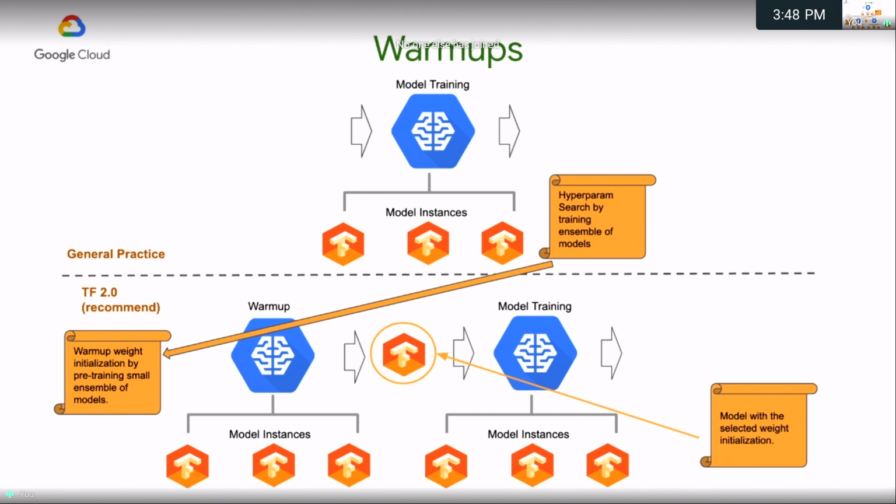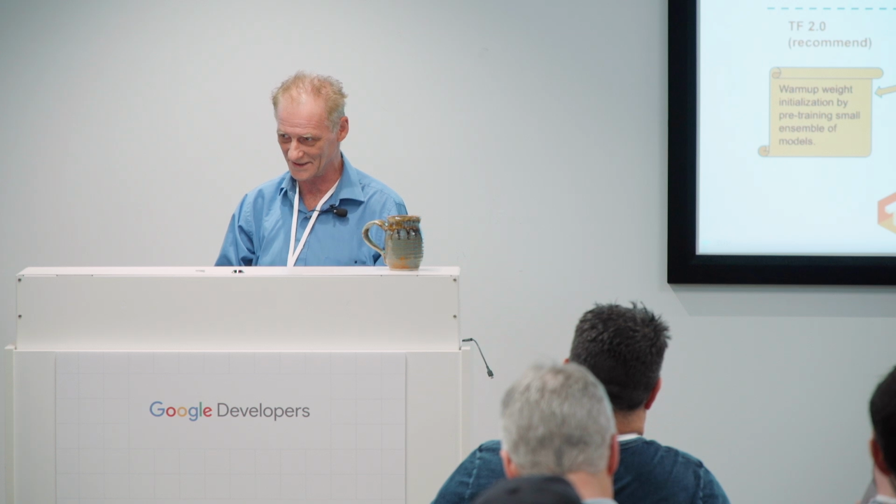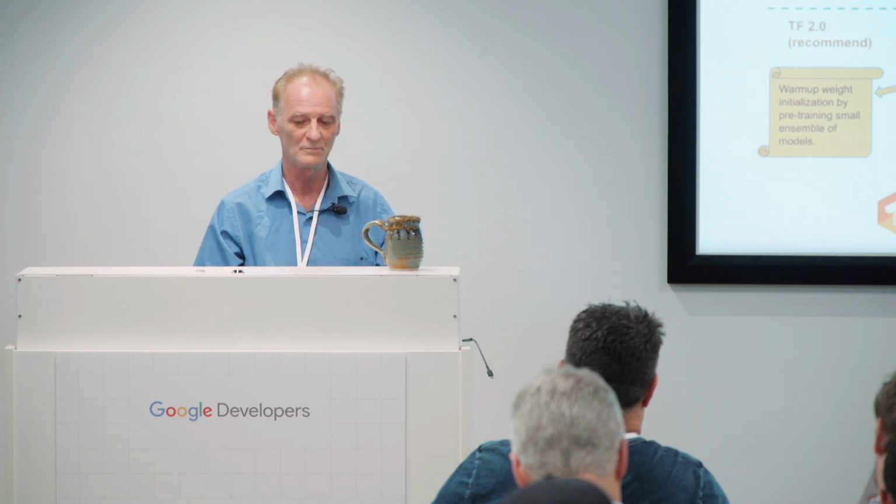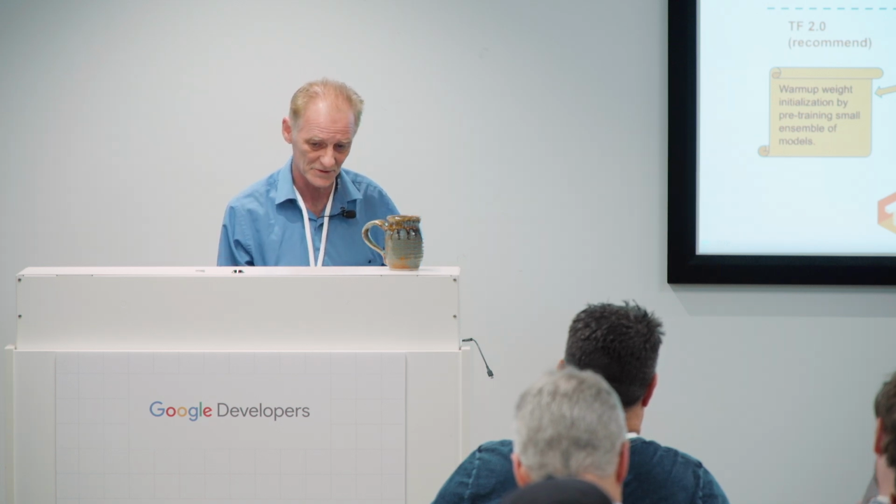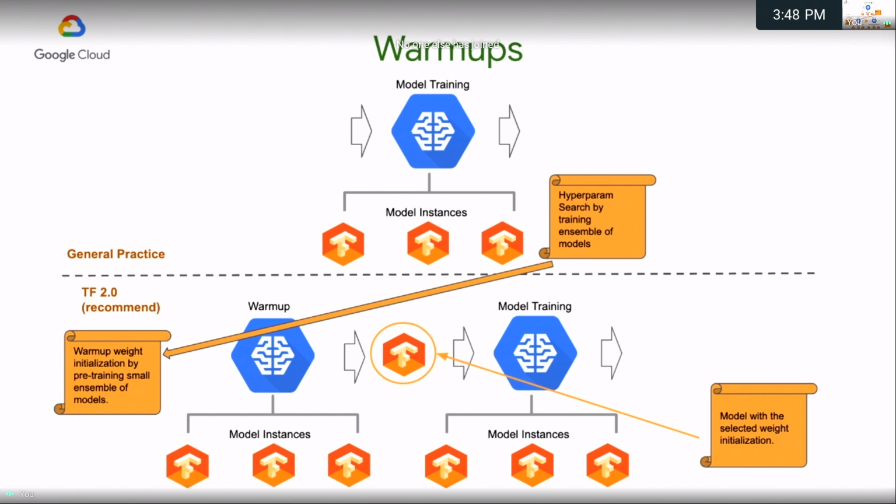Look really closely at the stability of how accuracy is increasing and the validation loss is going down, and use that to say, that's the best initialization, that's my winning lottery ticket. I'm going to start with that instead of a random one before I go into my hyperparameter search. So that's how things are changing.